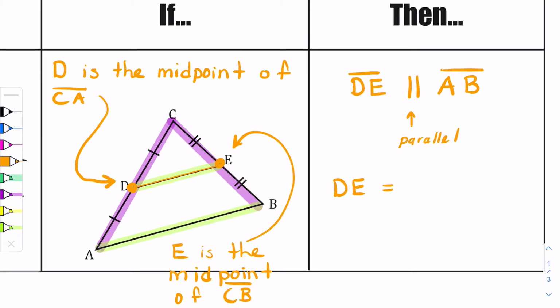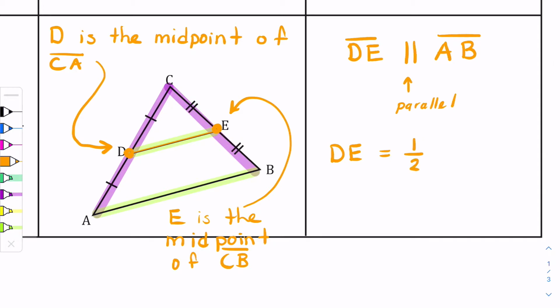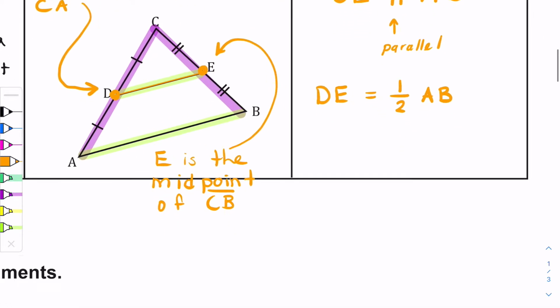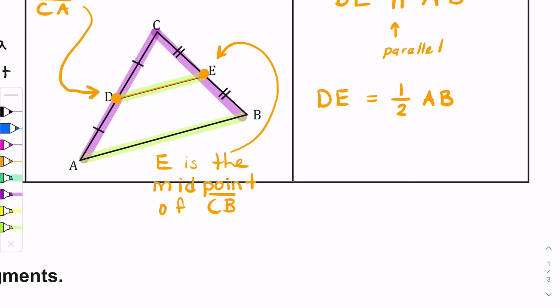So the equation would be DE equals 1/2 times AB. If I was to write in some numbers here, let's say segment AB was a length of 10. If AB was 10, then segment DE would be a length of 5.